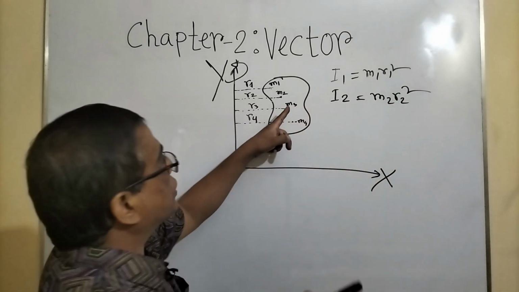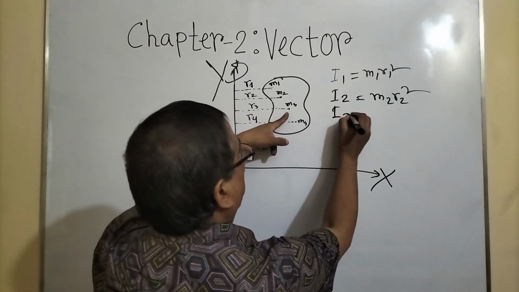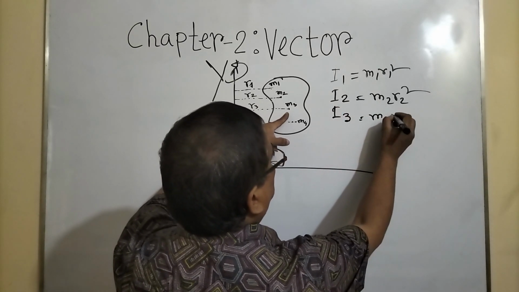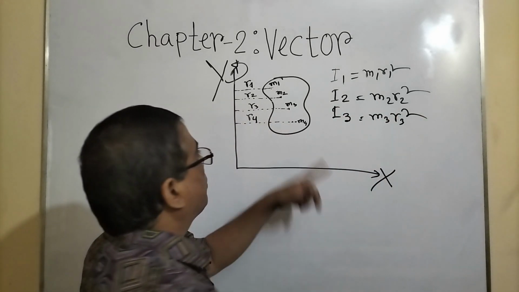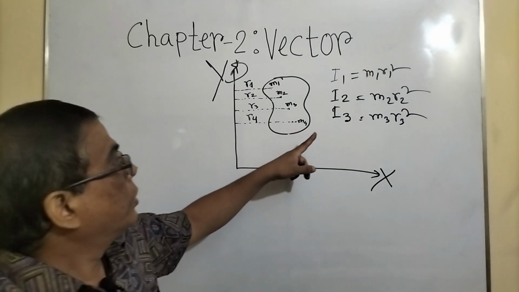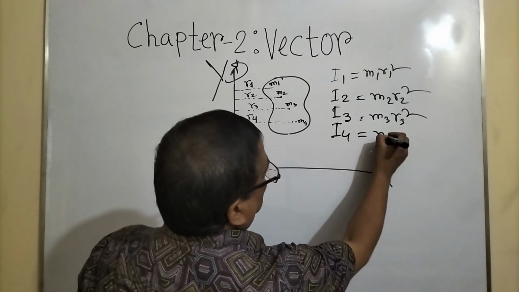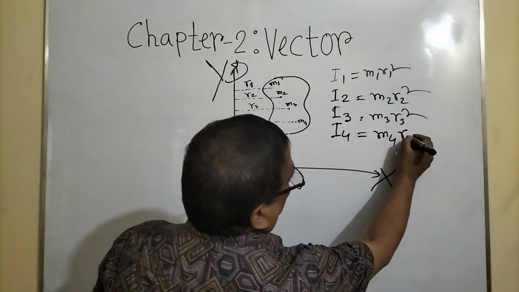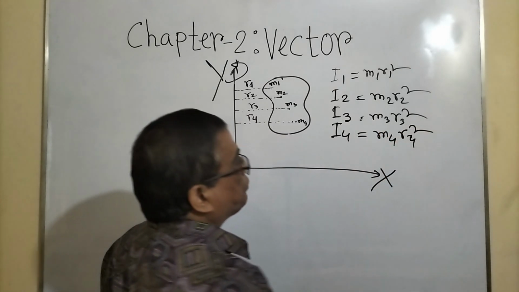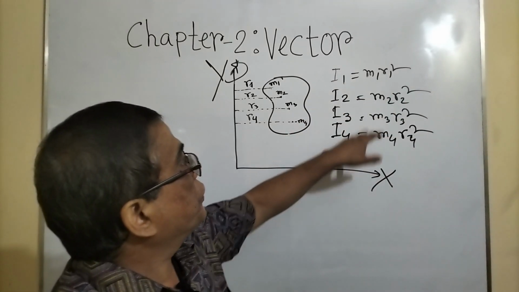The moment of inertia of m3 particle is I3 equal to m3 r3 square. The moment of inertia of m4 particle is I4 equal to m4 r4 square.